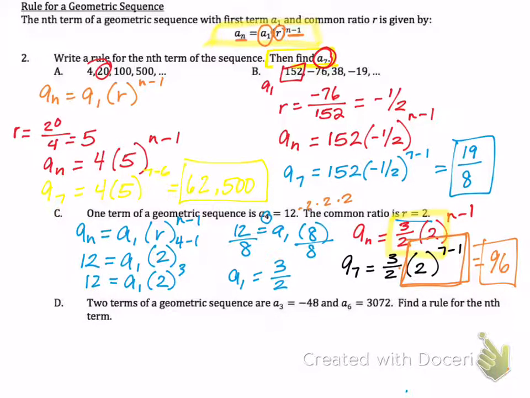So then for part D, two terms of a geometric sequence are A of 3 equals -48 and A of 6 is 3072. Whenever we did the arithmetic, we treated it like it was slope. So we did y2 minus y1, so the answers subtracted over the n's subtracted. But since this is multiplied, I have to think, how many times does it take to get from n equals 3 to n equals 6?